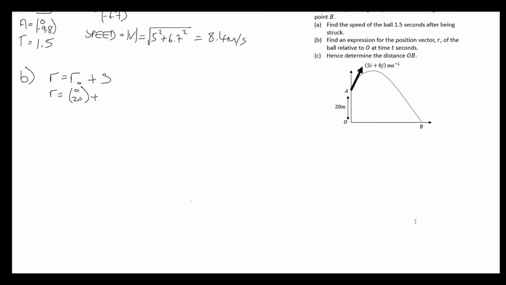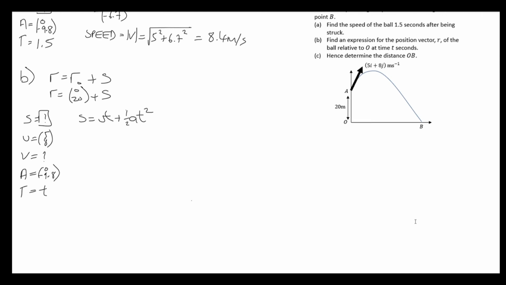Now we just need to find an expression for s, for the displacement. Okay, let's go back to our SUVAT variables. The displacement is unknown, and that's what we're looking for. Once again, our initial velocity is (5, 8). We don't know the final velocity, and our acceleration is (0, -9.8). And time is a variable. We're going to just call it t for now.